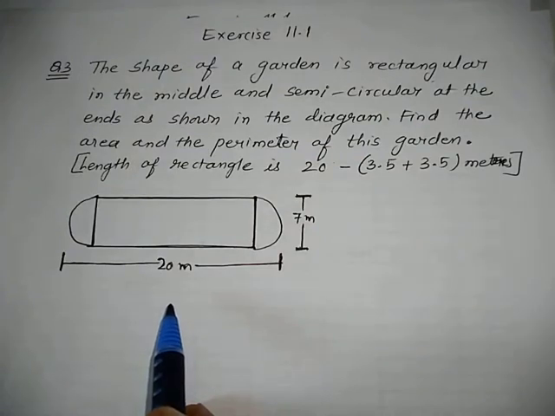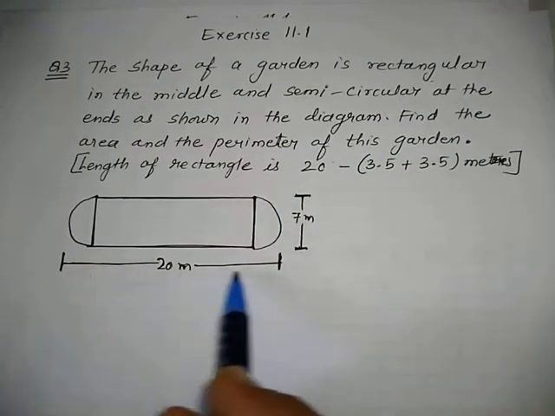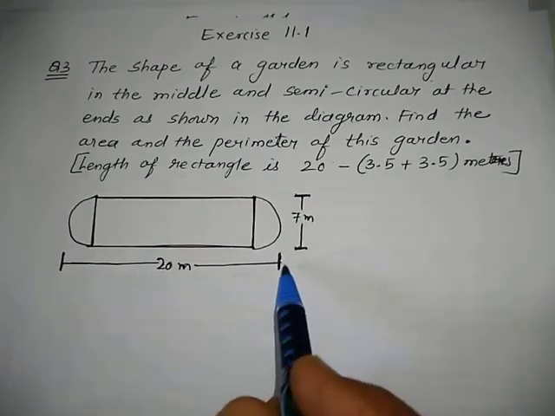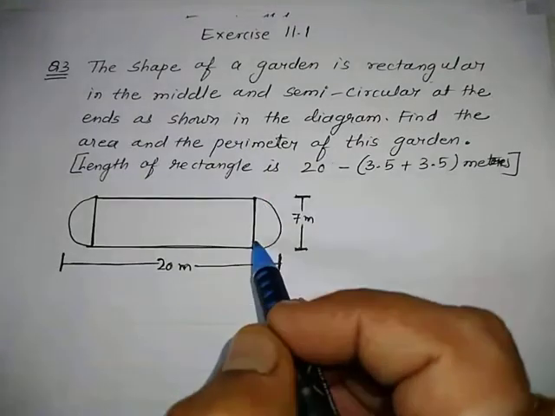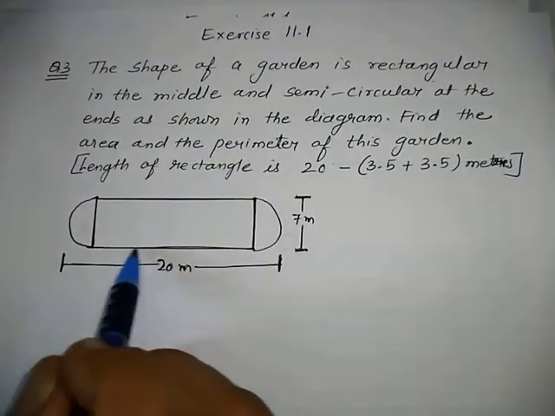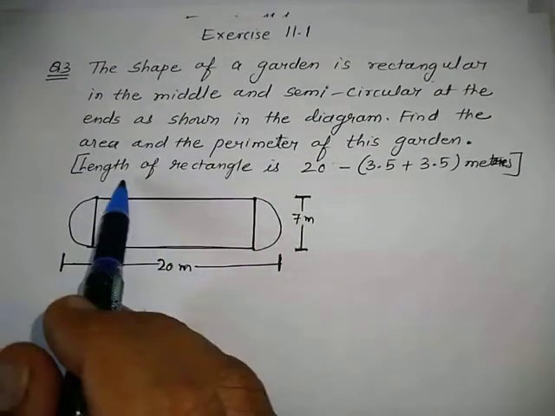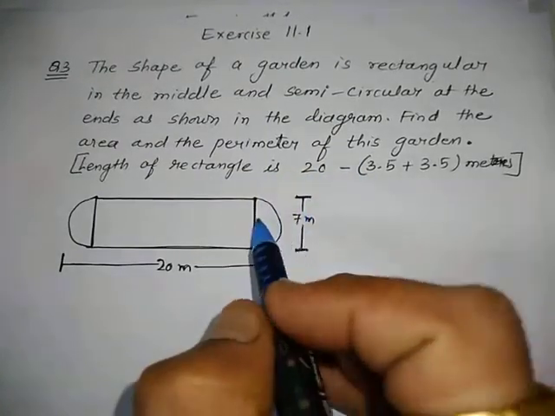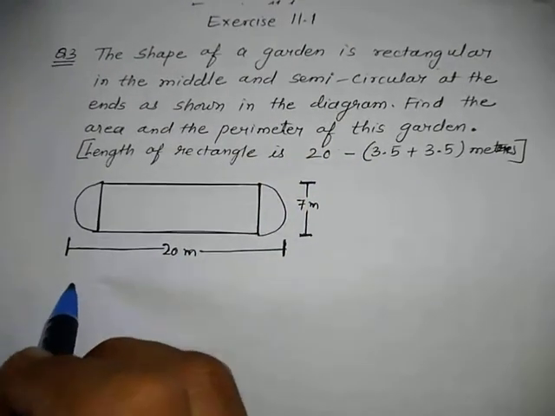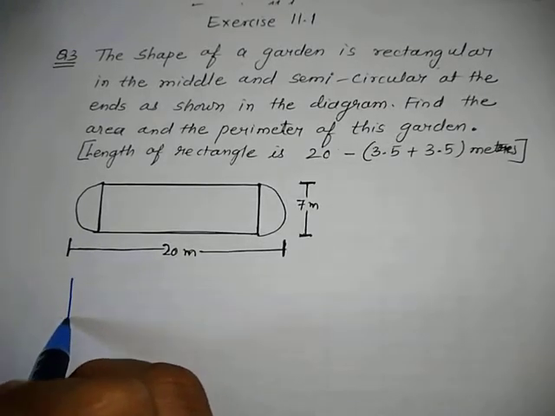First of all, we will find the length, but this is not the length. 20 meters is the total length and 7 is this much. So we have the breadth, but we want to find the length. The length of the rectangle is given as a hint: 20 minus 2 radius. As you know, the ending points are semicircles, so what will the radius be?